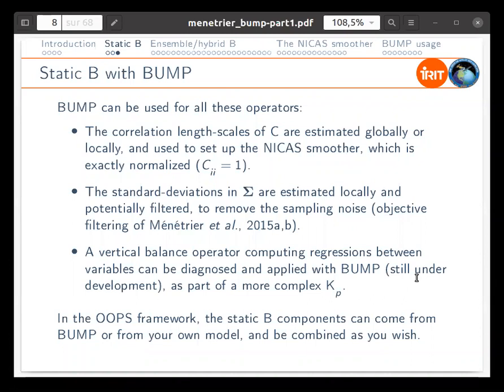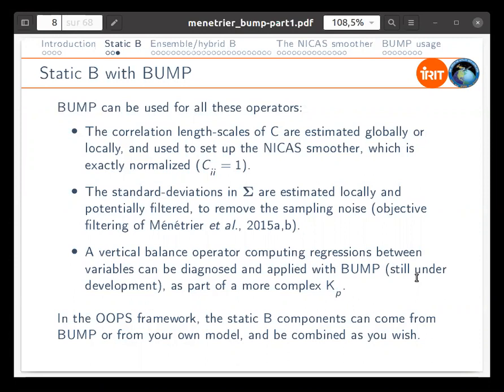The vertical balance operator is computed in BUMP. We just use vertical regressions between the different variables. It's just a part of a more complex balance operator, KP.